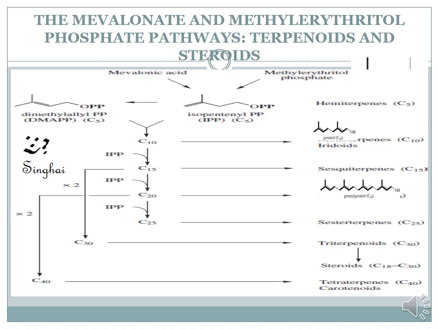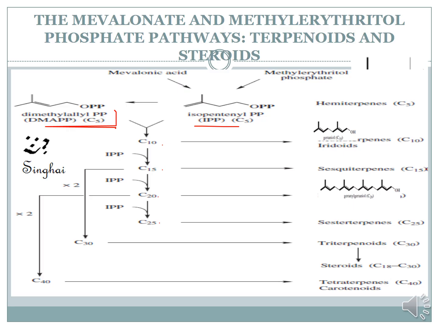You can see the same thing in a different manner: mevalonic acid forms the phosphate to form the IPP, and this IPP and its isomer dimethylallyl pyrophosphate form the C10 unit, C15 unit, C20 unit, C25.